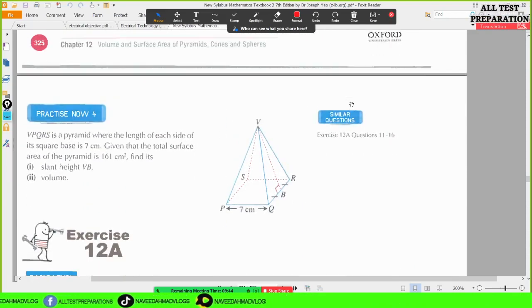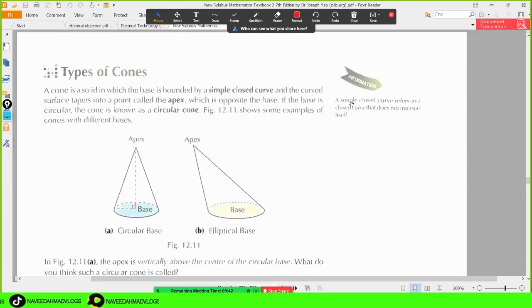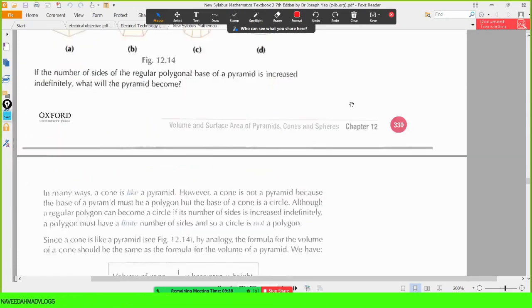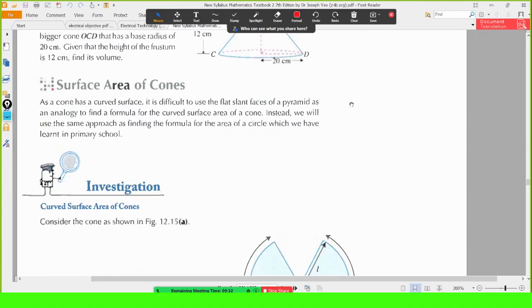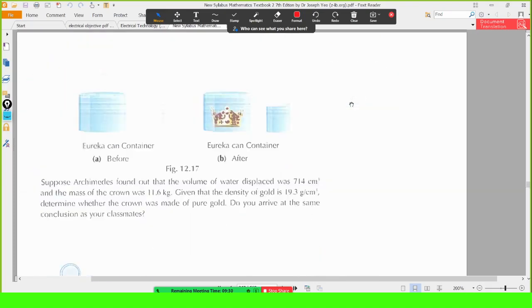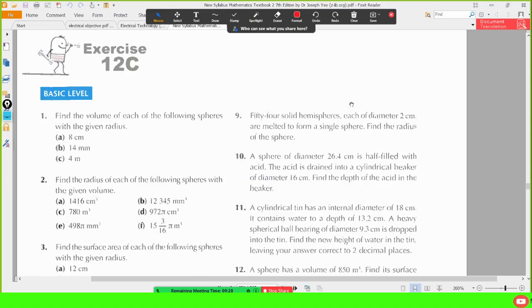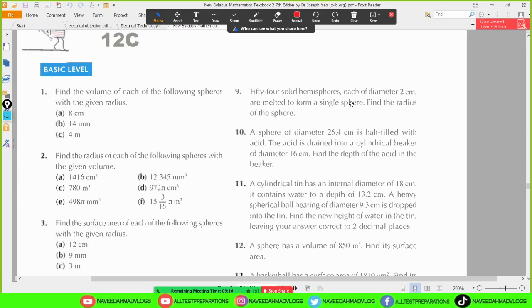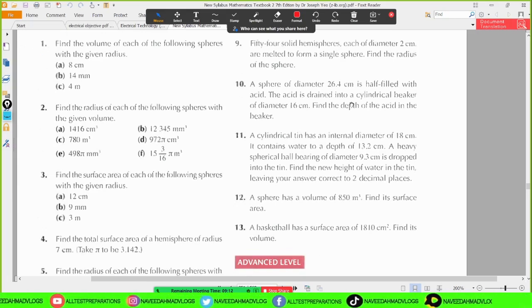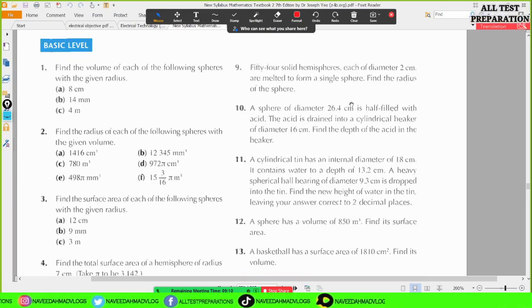This is 12A. Question exercise was the question 9. Exercise 12C, question 9. Question 10. Yeah. Question 9, 10 both, right? Yeah. Okay.